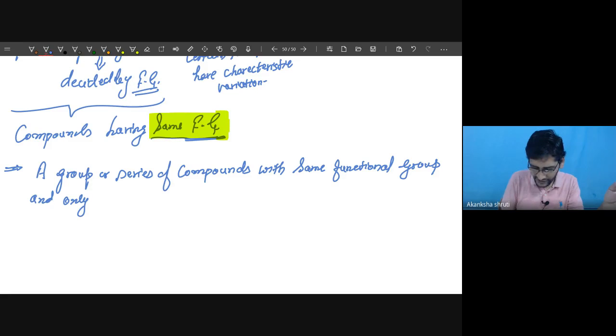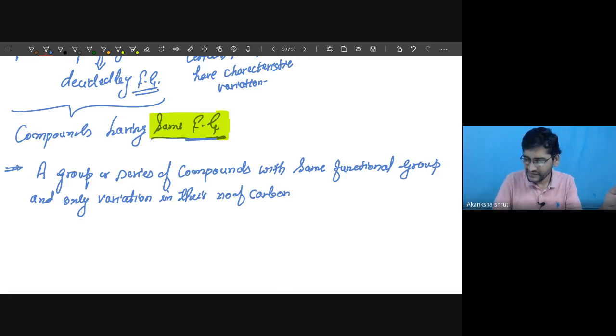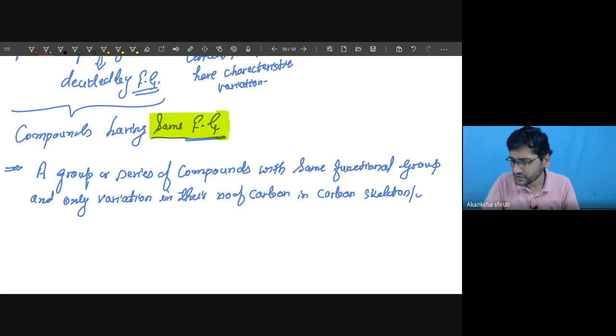So a group or series of compounds with the same functional group and only variation in their carbon skeleton, in their number of carbons, or the better word at your level, carbon chain.